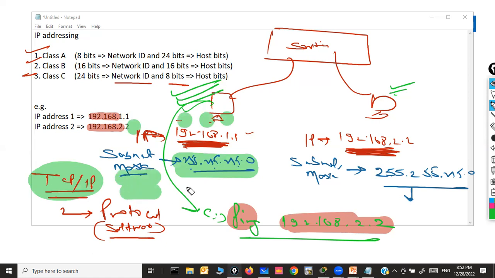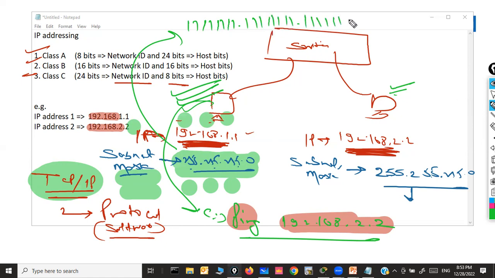So in this scenario, the subnet mask is 255.255.255.0, meaning the first 3 octets are 255 and the 4th octet is 0. When we convert 255 to binary, it is equivalent to 8 ones, then again 8 ones, then 8 ones, and then 8 zeros.